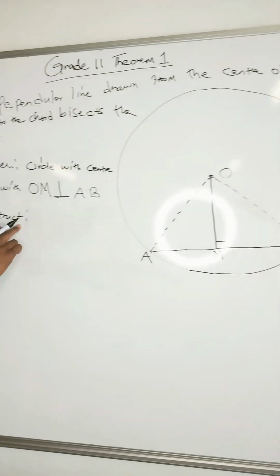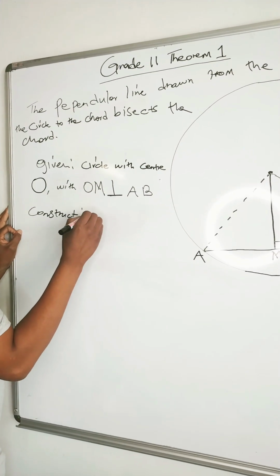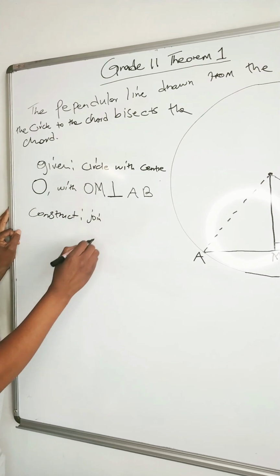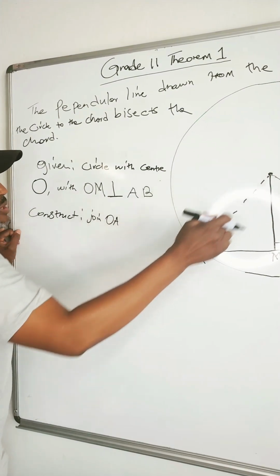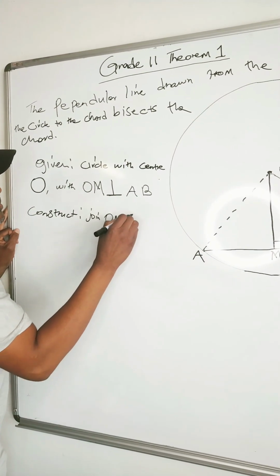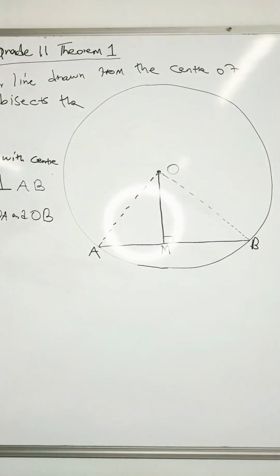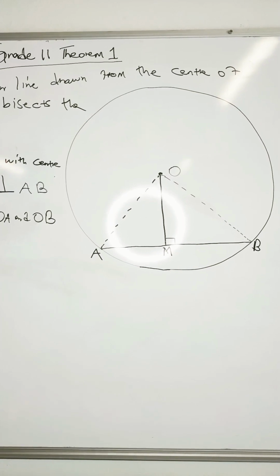So we need to indicate that we constructed, or we join, OA, here's our OA, and OB, that is our OB. I hope it's clear to everyone.